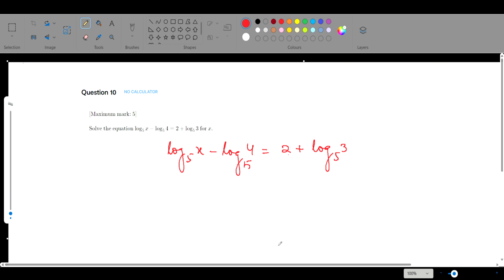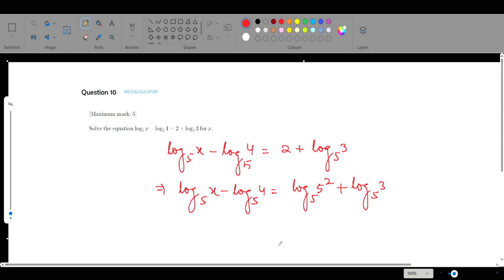Can't I write this 2 in terms of log base 5? We can write log base 5 x minus log base 5 4 equals log base 5 of 5 squared plus log base 5 3, isn't it?